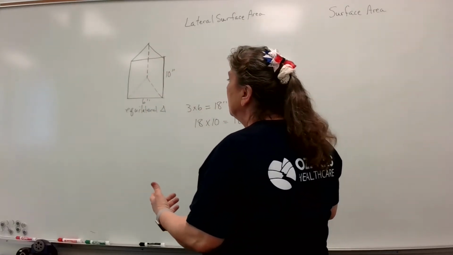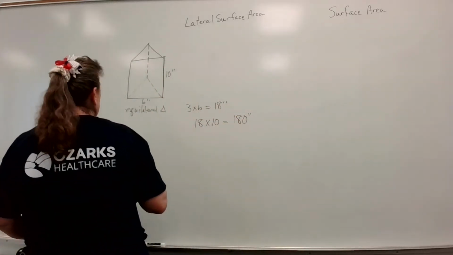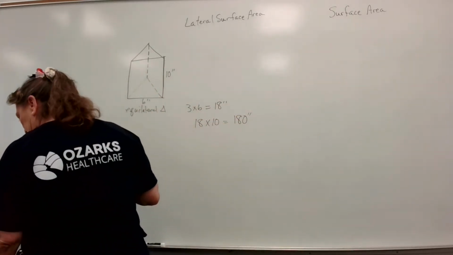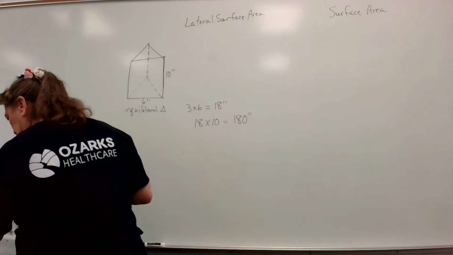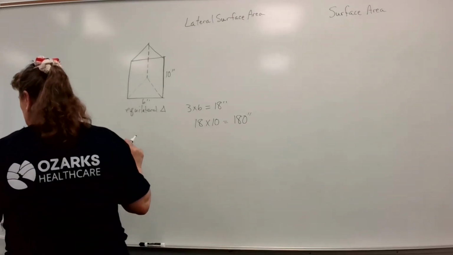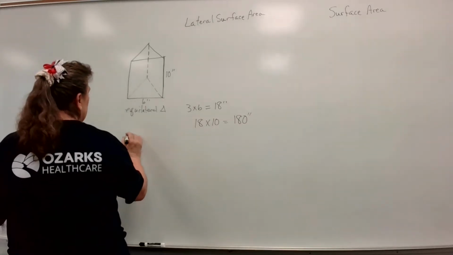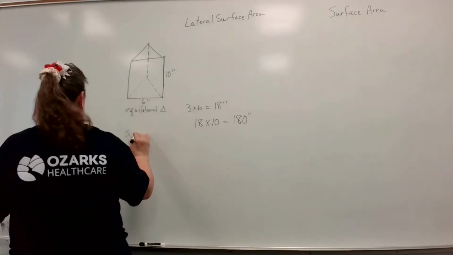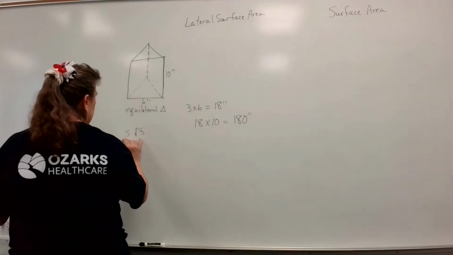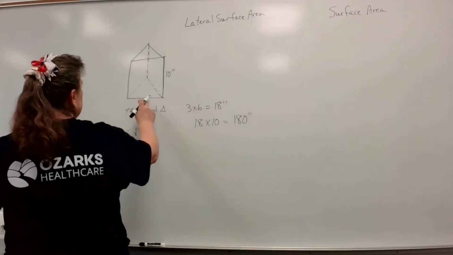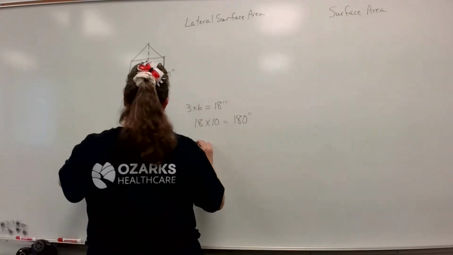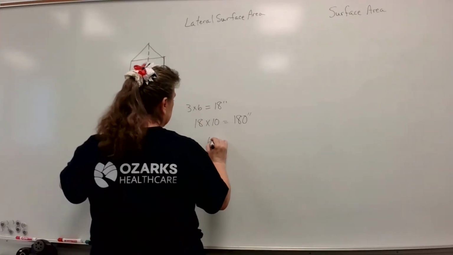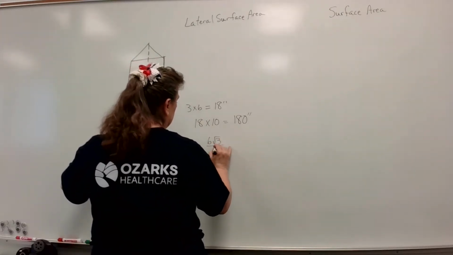So if we remember right, an equilateral triangle, what was your height? If you remember the height of that thing, it was the side, S, times the square root of 3 over 2. So my side is 6. So I have 6 square root of 3 over 2 is my height.